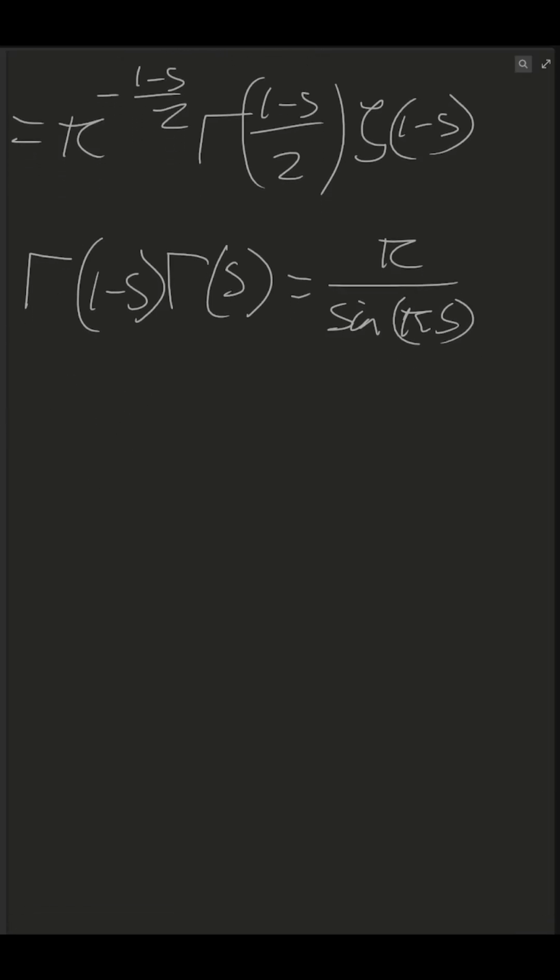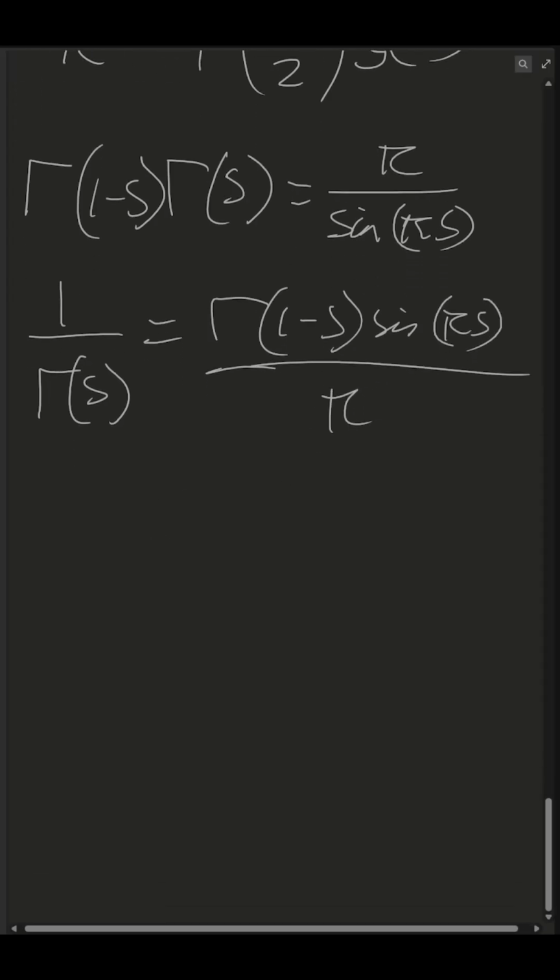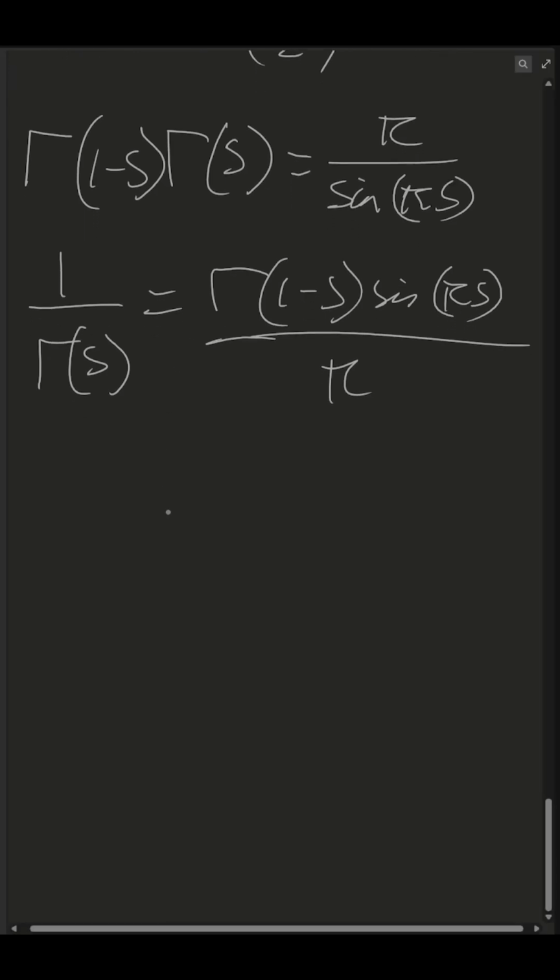So from that we can say that 1 over gamma of s, so that's just moving that to the other side and taking the reciprocal, is equal to gamma of 1 minus s times sine pi s all over pi, which is nice and not pretty.